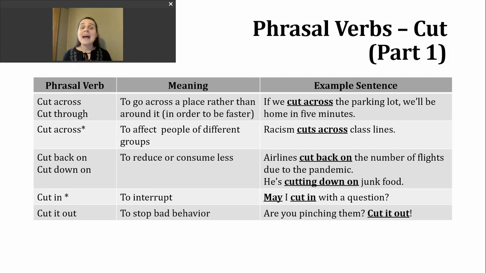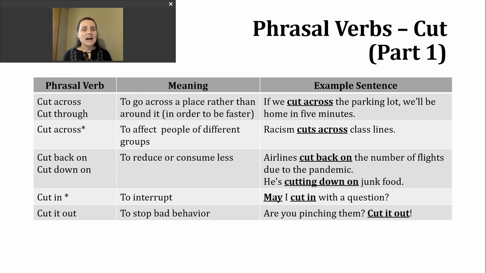Cut across can have another meaning, and that meaning is to affect people of different groups. And my example sentence is something that I've actually seen used in various articles over the last month or so. Racism cuts across class lines.